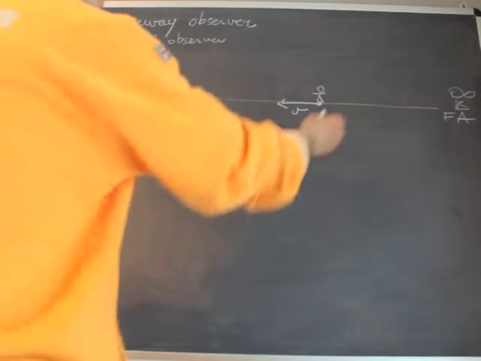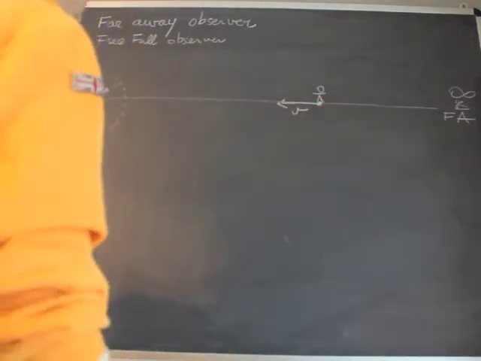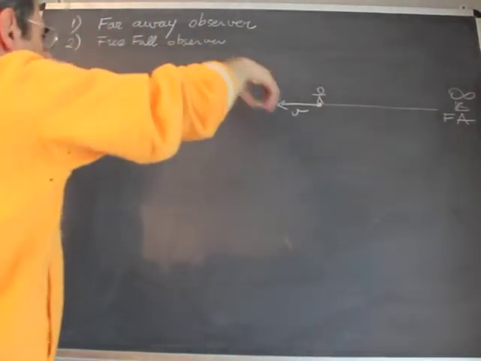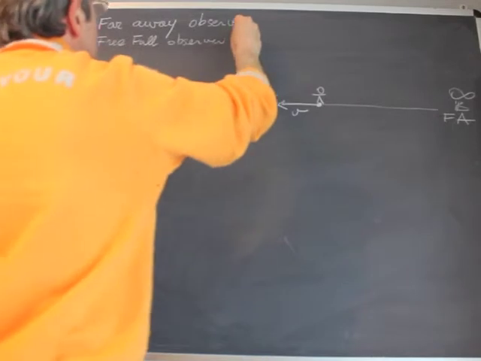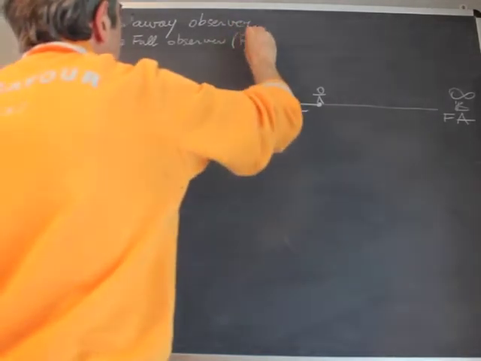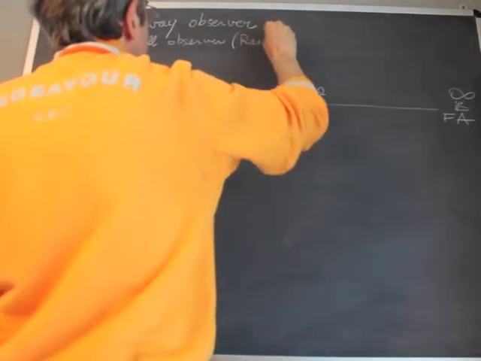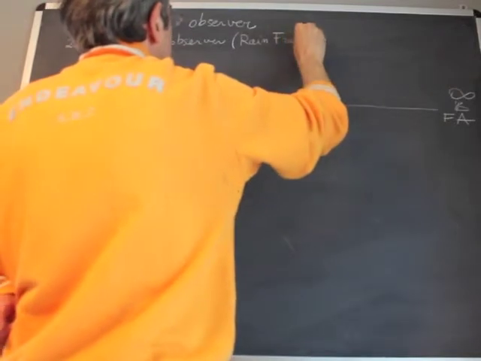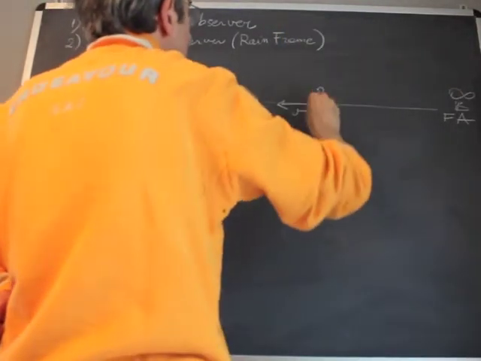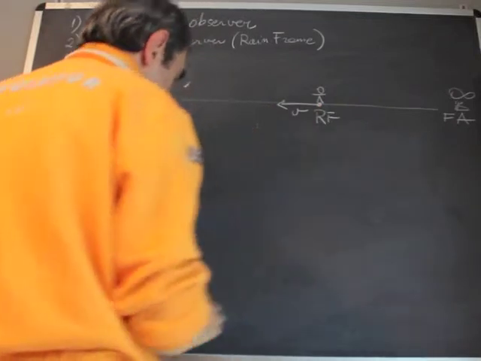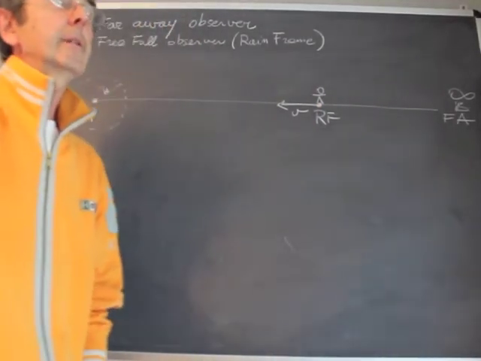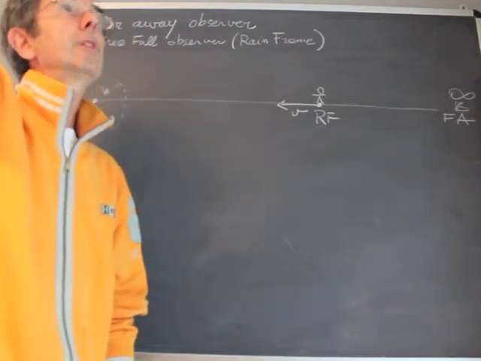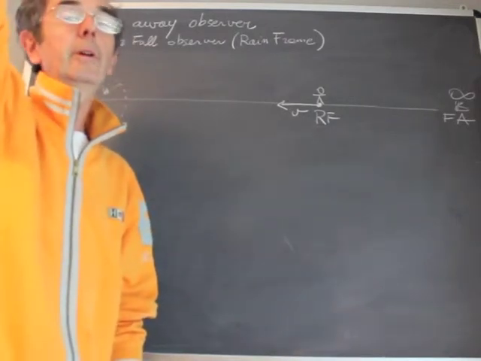But for the moment, let's consider this frame of reference of the freely falling observer, and we call it the rain frame observer. Rain frame, so RF. Why? Because the rain falling on the Earth starts falling with initial zero velocity.